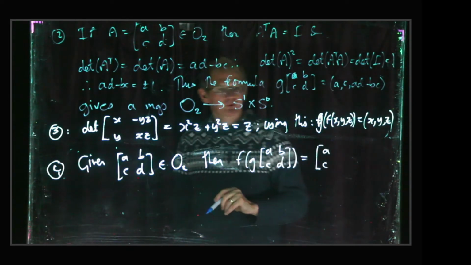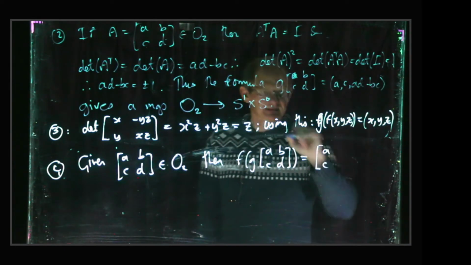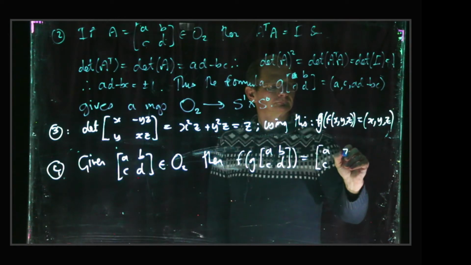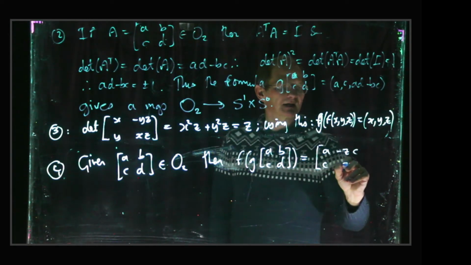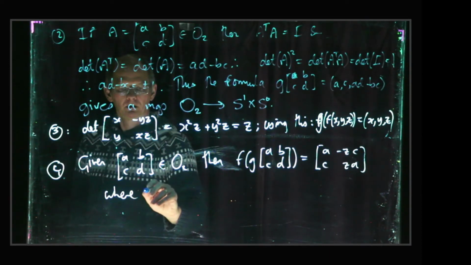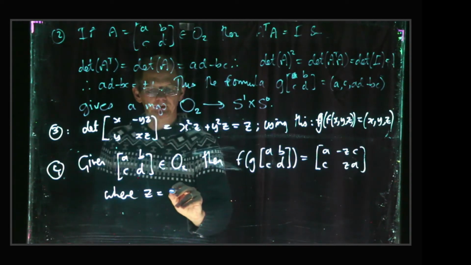So we know the matrix we get is like A, C, and then here you're going to get minus ZC, ZA, where Z is AD minus BC.